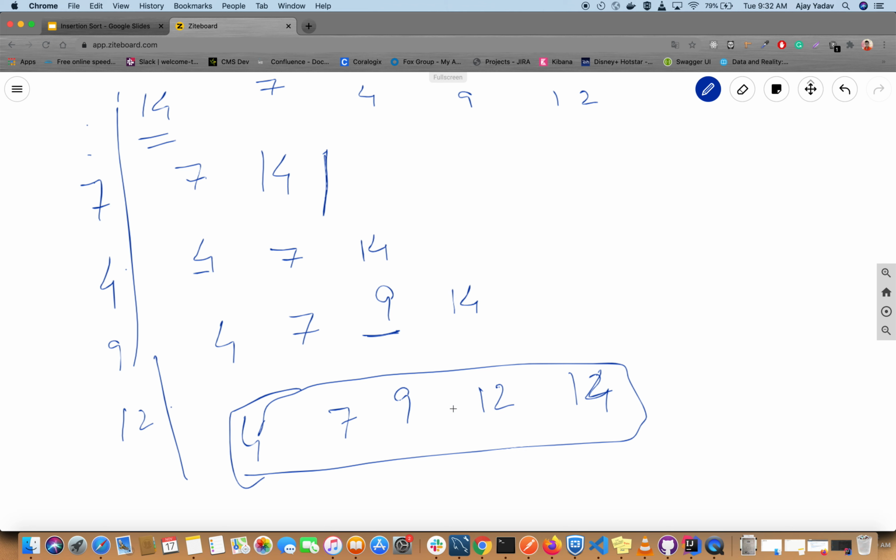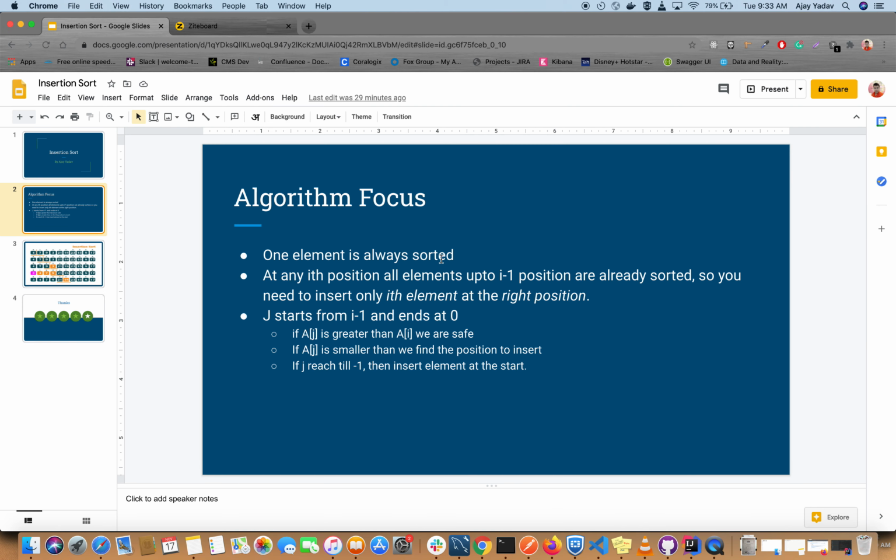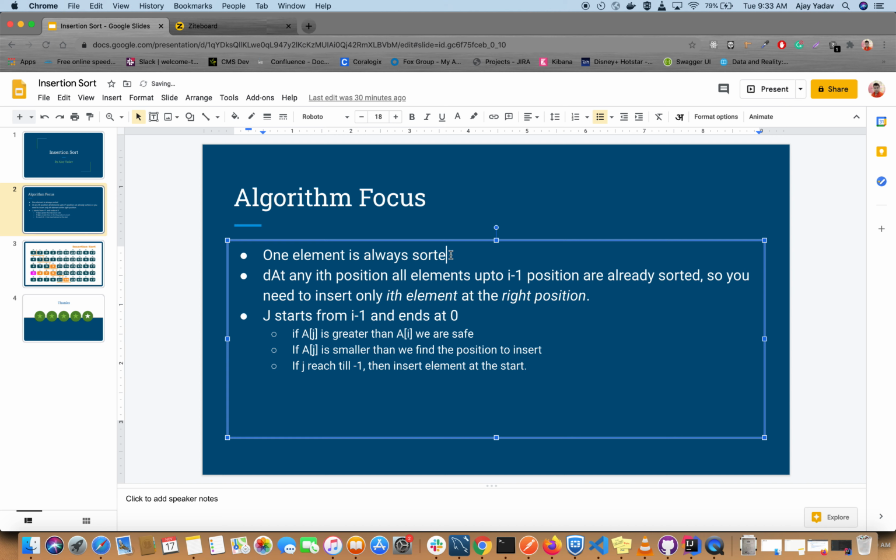Now we have understood what our algorithm is. What are the major focus points? Again, let's try to understand those points back. One element is always sorted. That's what we studied. What is our goal? We know that if we are at the ith position, all the elements till the i-1 position are already sorted, and we have to insert our ith element at its right position.